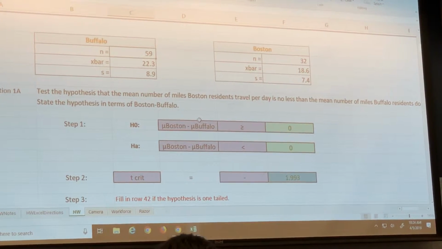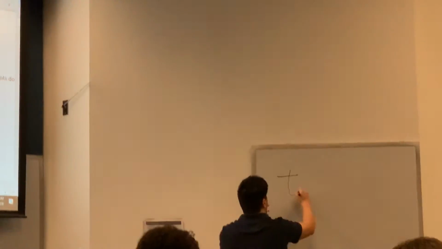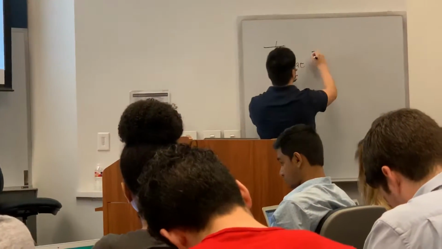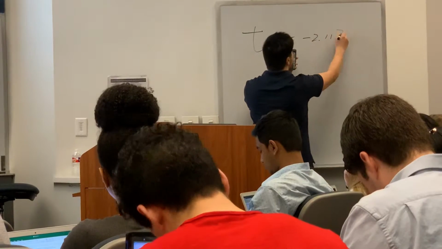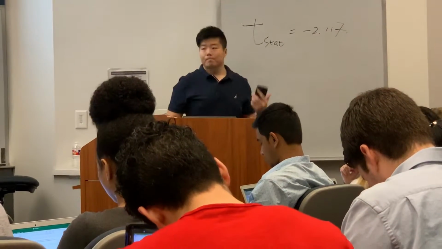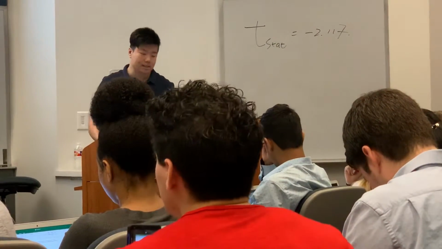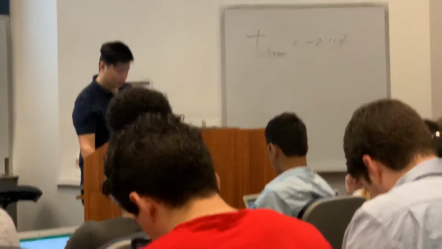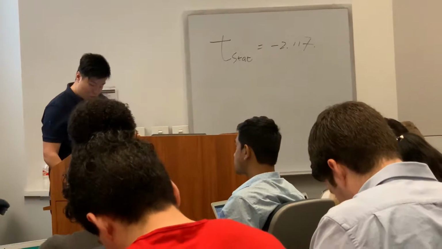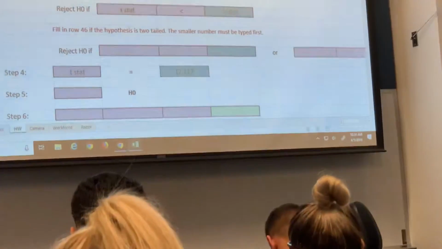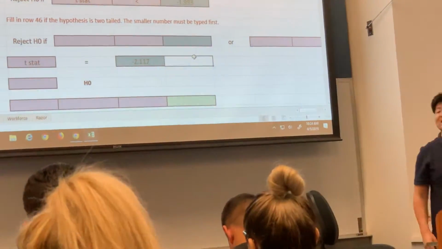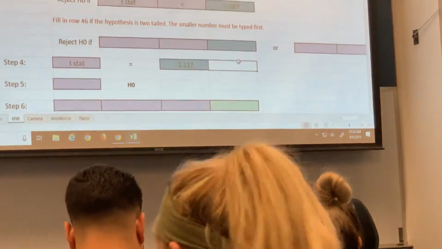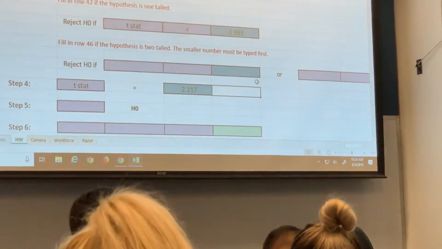So my t-stat is negative 2.117. That is my test statistic. Keep only 3 decimals because we are looking for a t-value.